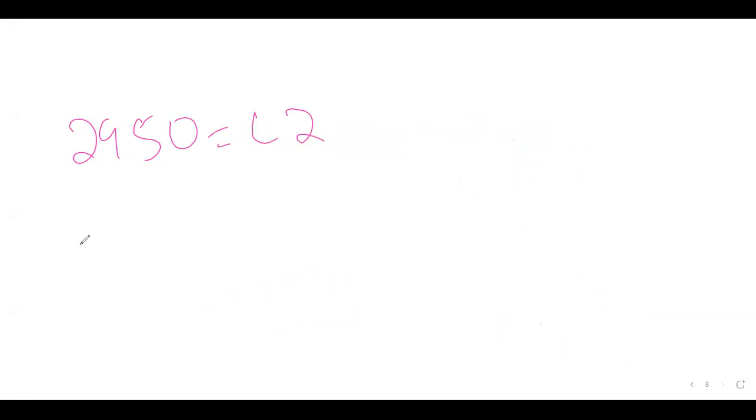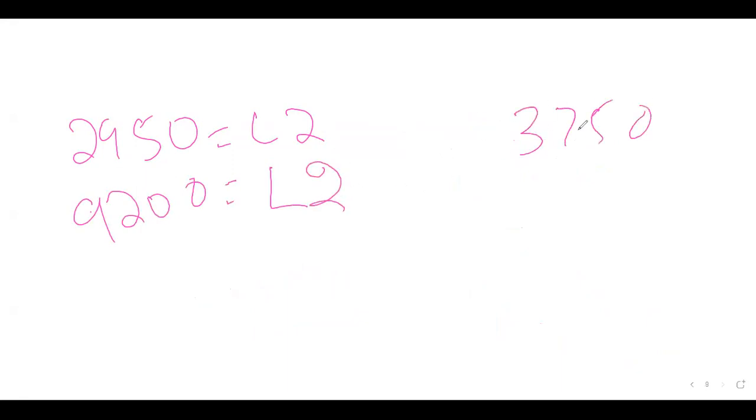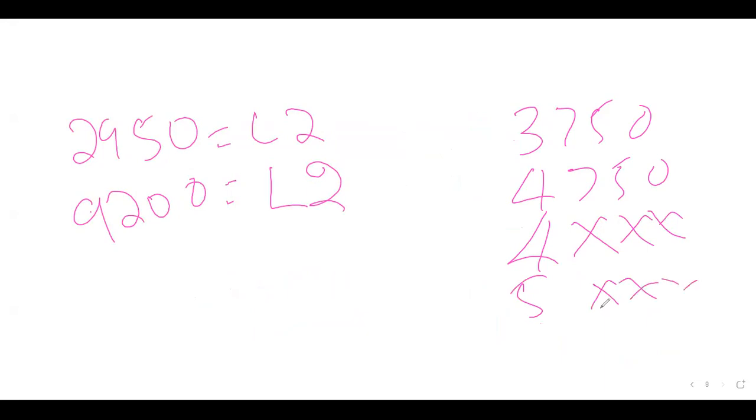Or if I say 9200, it is layer 2. And 3750, 4750, or anything 4xxx, or anything 5xxx until 12,000xxx, we call it a layer 3 switch, which has the capability to perform routing.